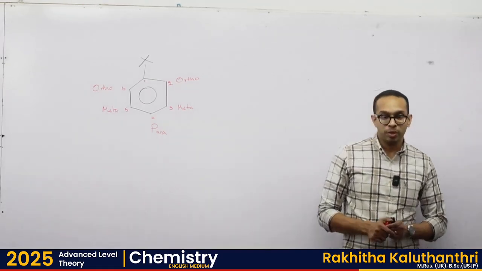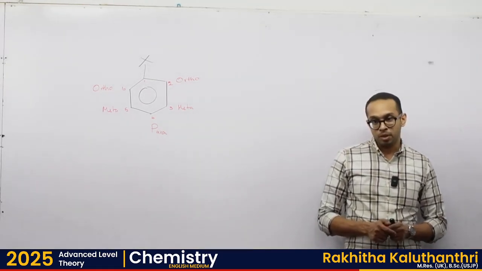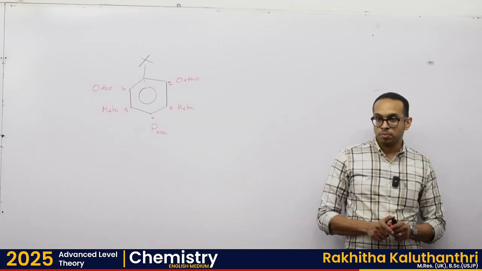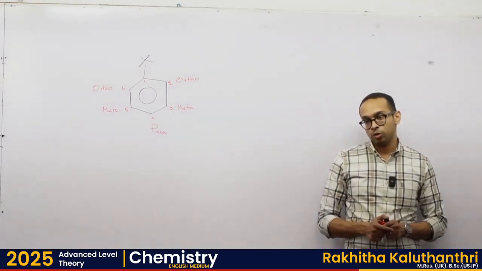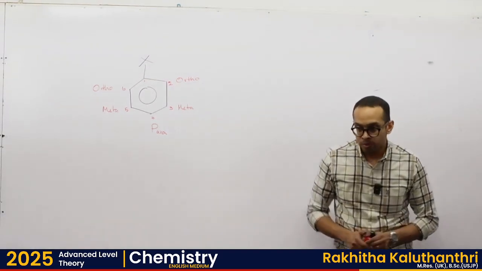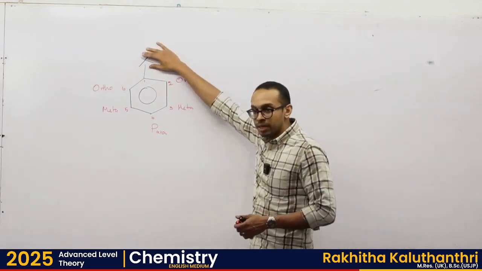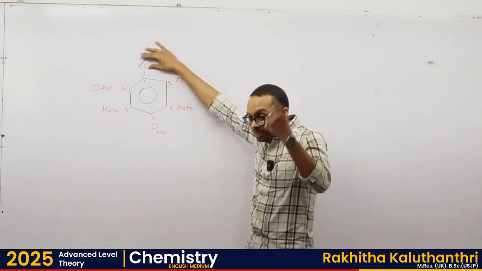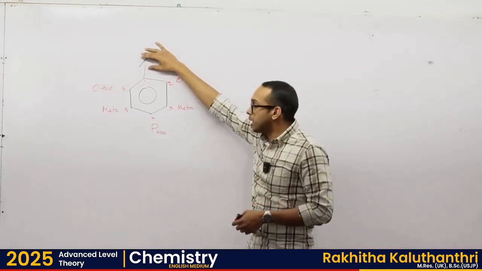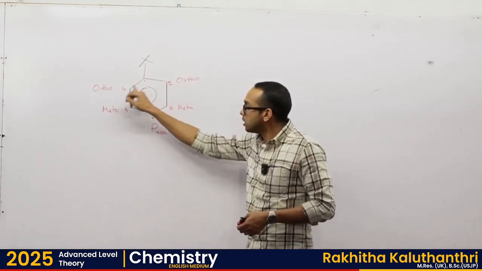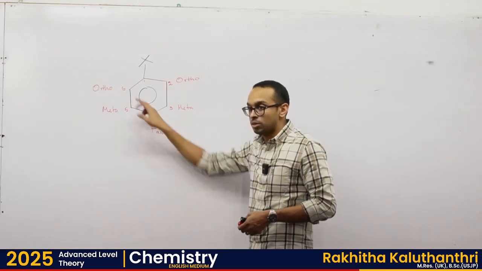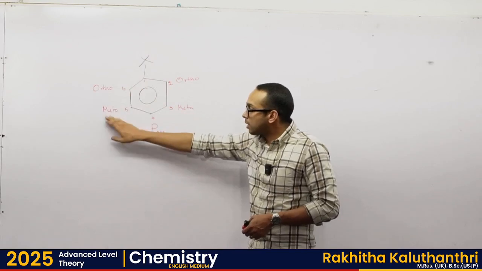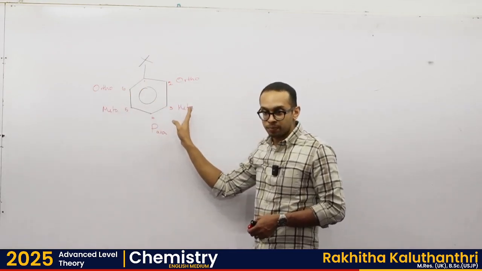Now, based on the group that is connected here, it will either act as an ortho-para directing group or a meta-directing group. Different groups can be added here. Based on the type of group that is present here, the second group that is added can either go to these two positions, ortho or para positions, or it might only go to meta positions, right?